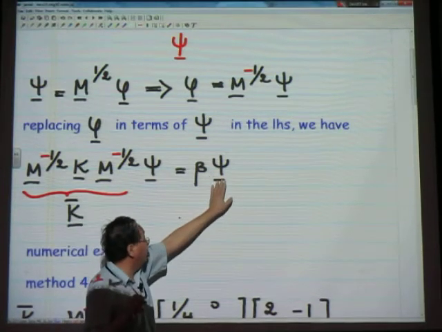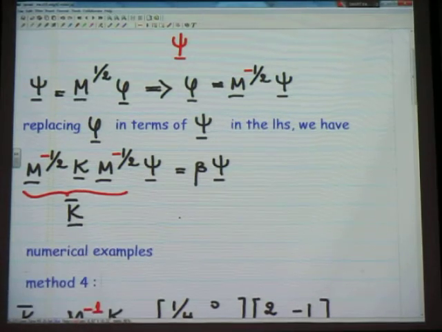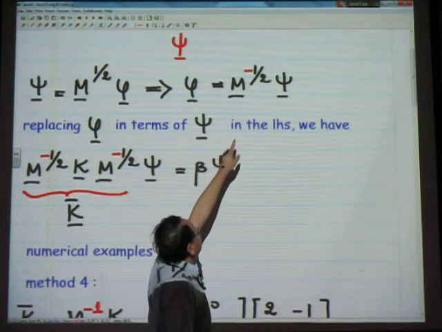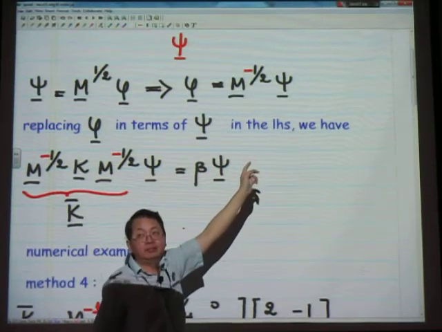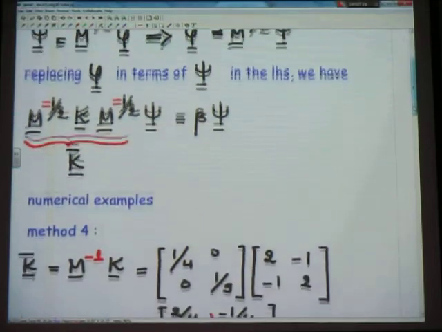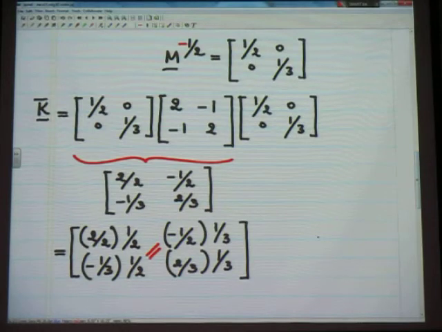So once you have psi, you need to convert back to phi, just by using this formula here: phi is equal to M to the minus 1/2 times psi. So the method is a bit more advanced and complex, but leads to computational efficiency because the matrix is symmetric. The stiffness matrix is symmetric.